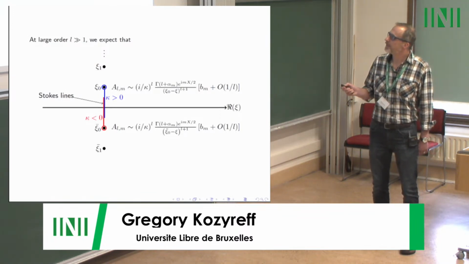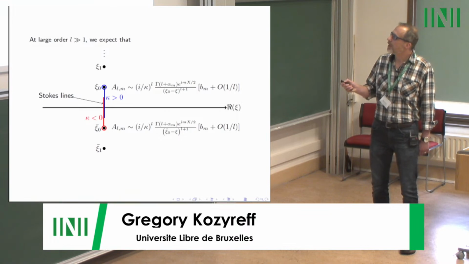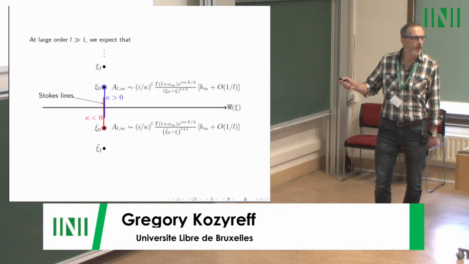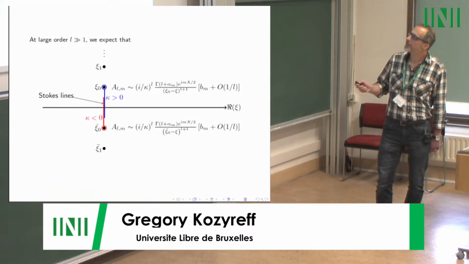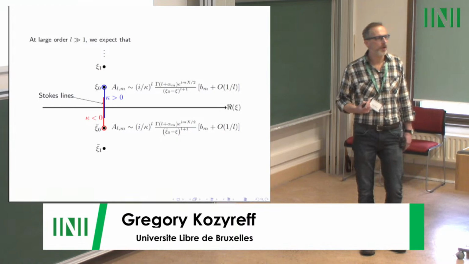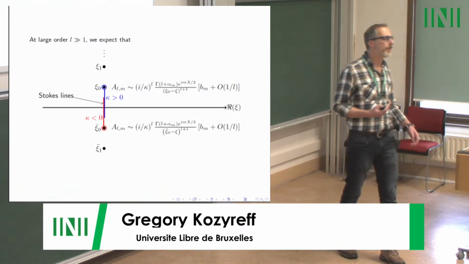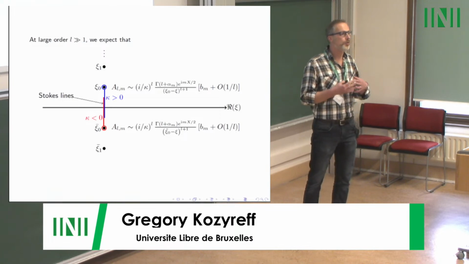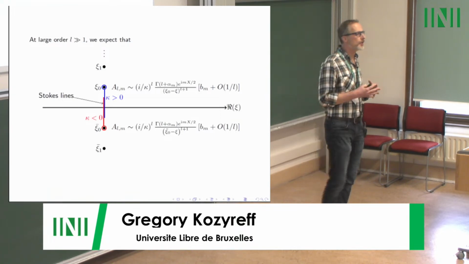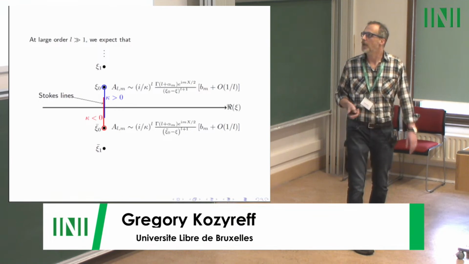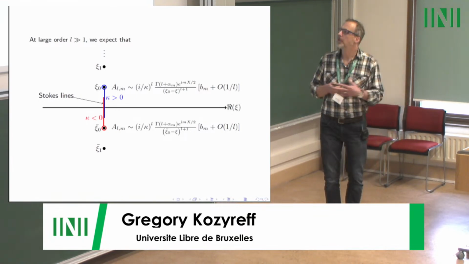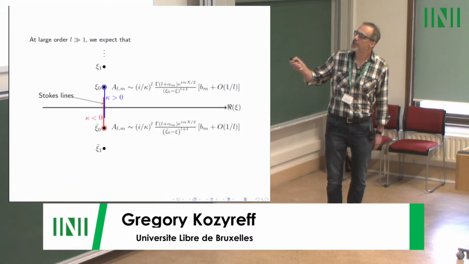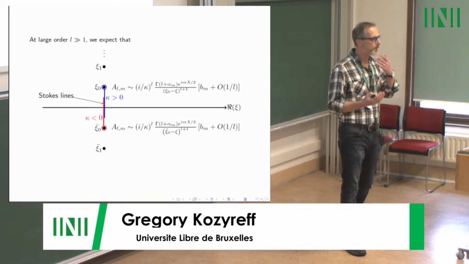If you believe this, which is true in the limit of large L where I can neglect 1 over L terms, then you can use Dingle's rule for beyond all order asymptotics to immediately locate Stokes lines. And according to Dingle, you will have Stokes lines where successive terms in the series have the same phase.